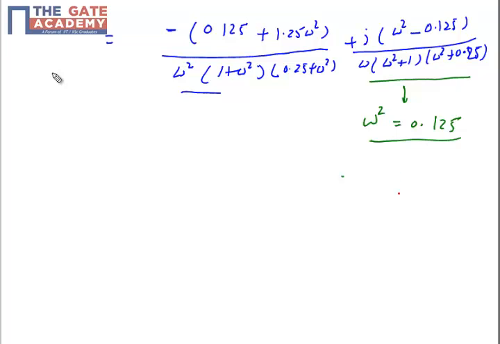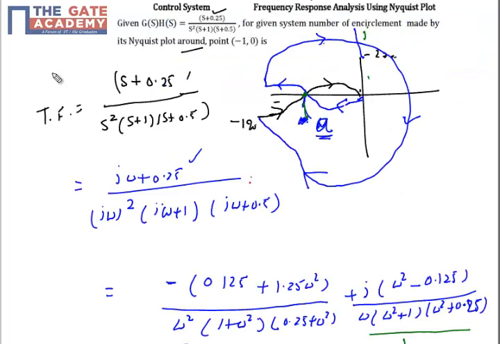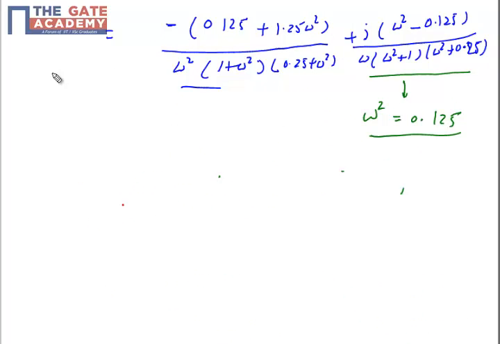So just put this value of omega square. For omega square equal to 0.125, my imaginary part is 0, so A will be equal to the transfer function at omega square equal to 0.125.